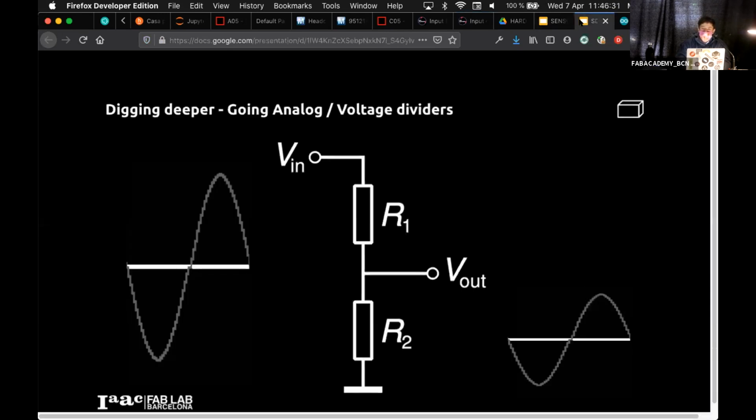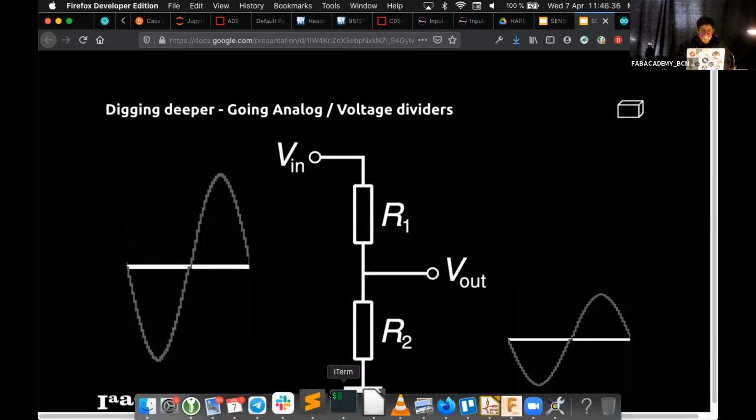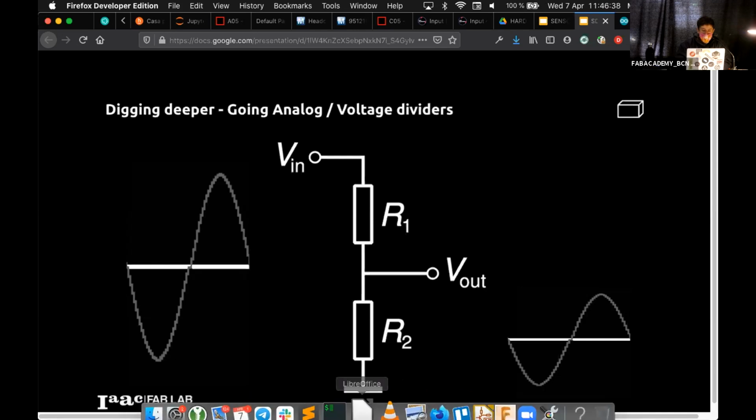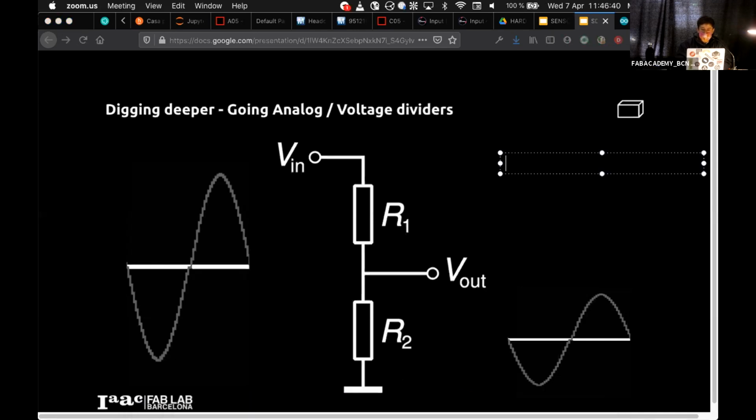Okay, but let's do it together here. And you're going to help me to do that because you already know Ohm's law. Okay, so imagine that we have 5 volts, and I want to know what this value is.